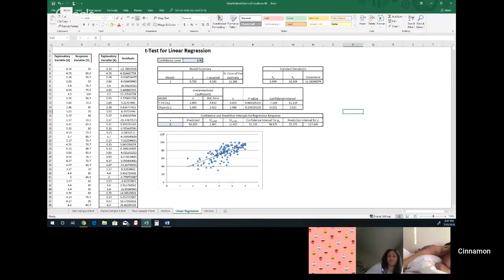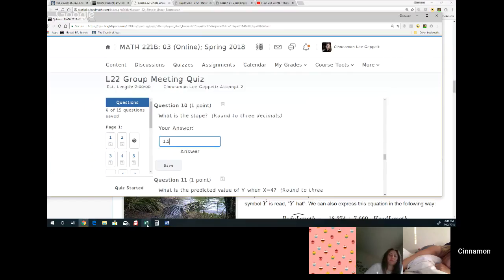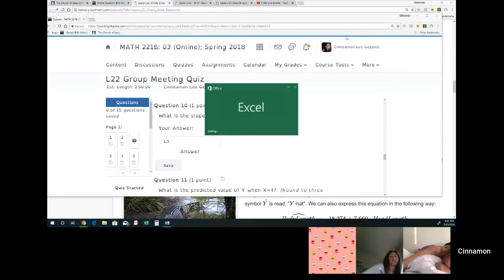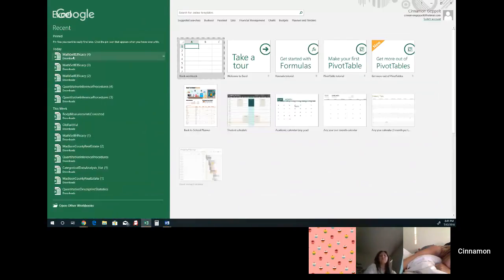What about if I did this? Let me start a fresh little page here. I'm on linear regression. Okay. Sometimes if I refresh it, sometimes it works better. I don't know why. I just have one of those lucky experiences.